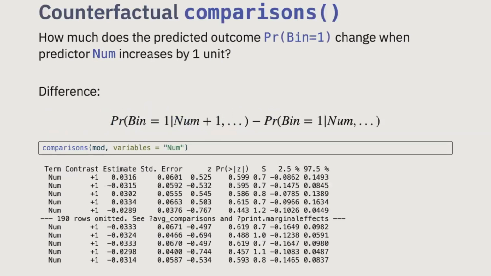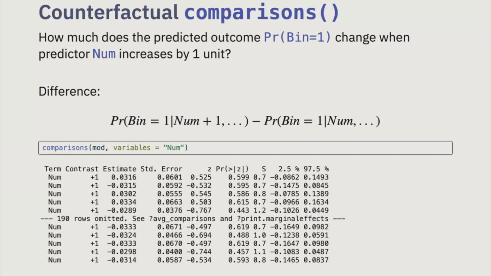How much does the predicted outcome, the predicted probability that bin equals 1, change when the predictor num increases by 1 unit? So I increase my treatment by 1 unit. How much does the outcome change in terms of predicted probability? So the expression there that you'll recognize probably as estimated risk difference, right?